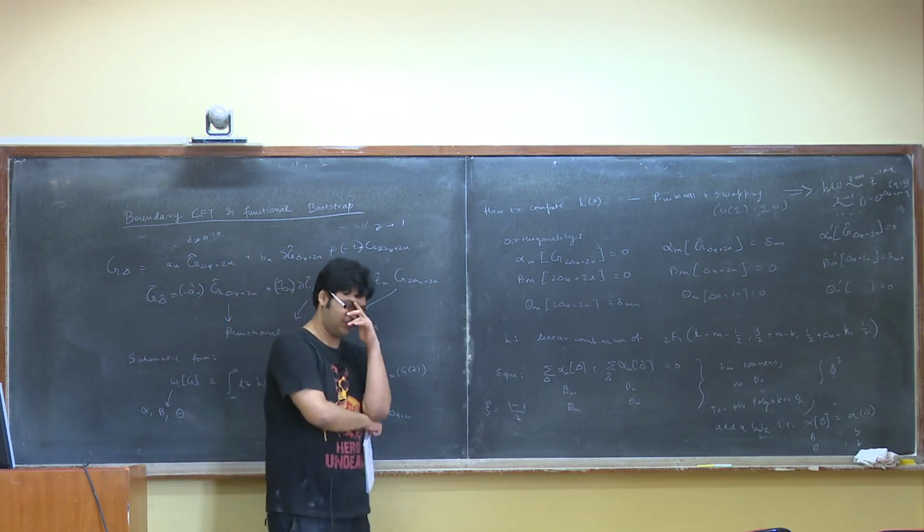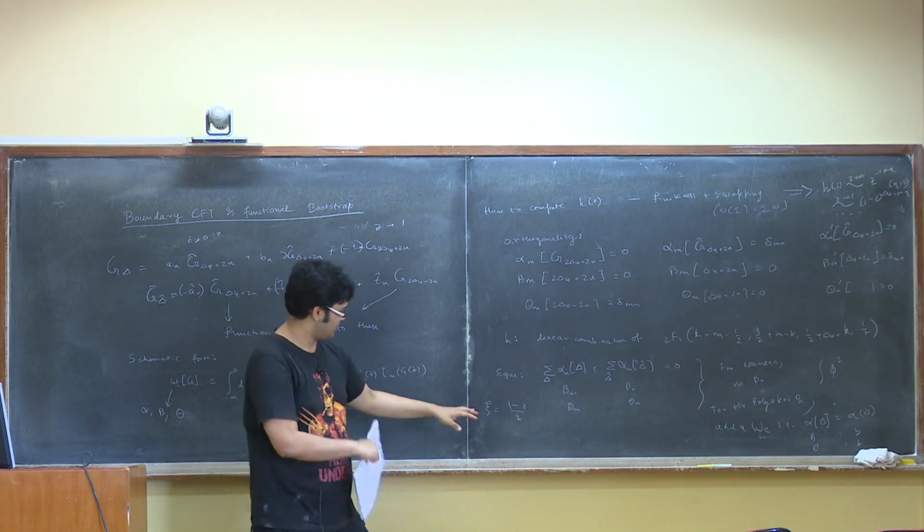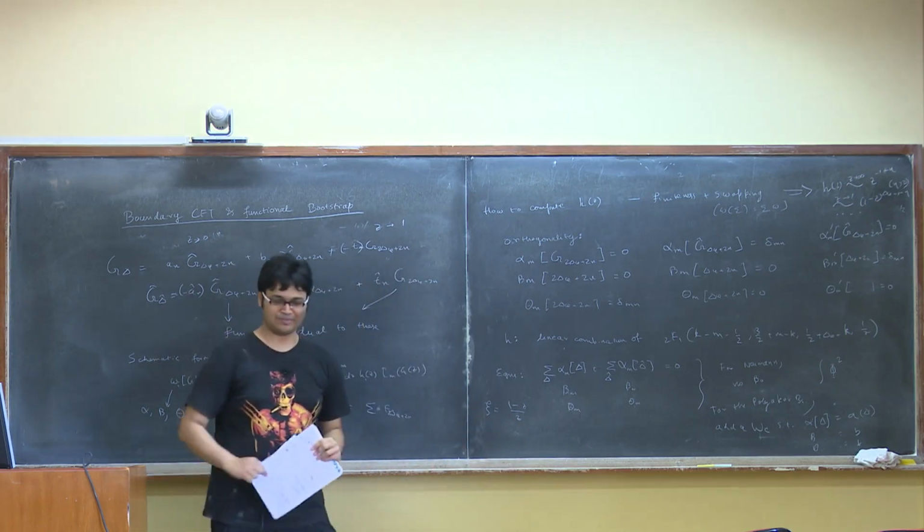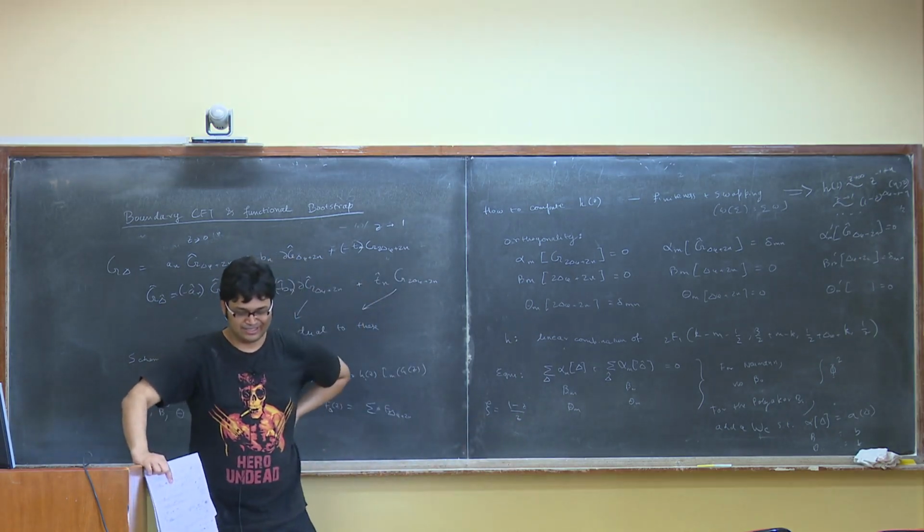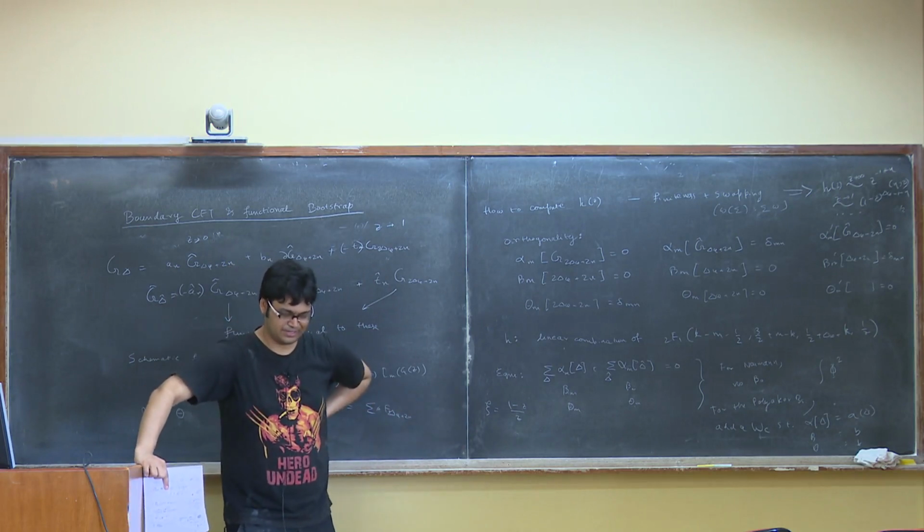But I don't know if it will answer your question. So the xi goes to 0 limit corresponds to the boundary expansion, and xi goes to infinity is the bulk channel expansion.